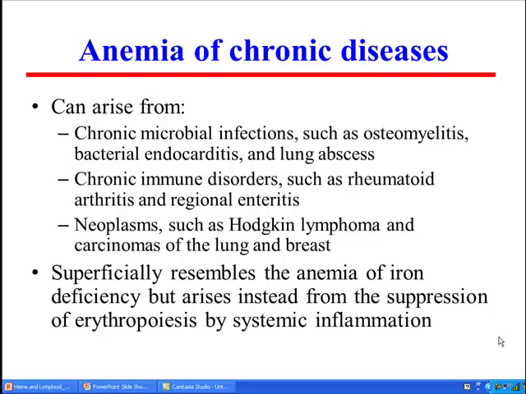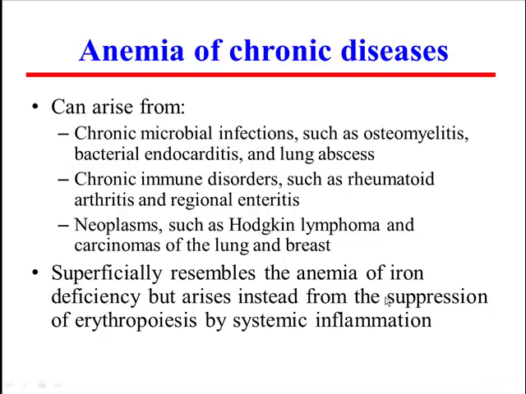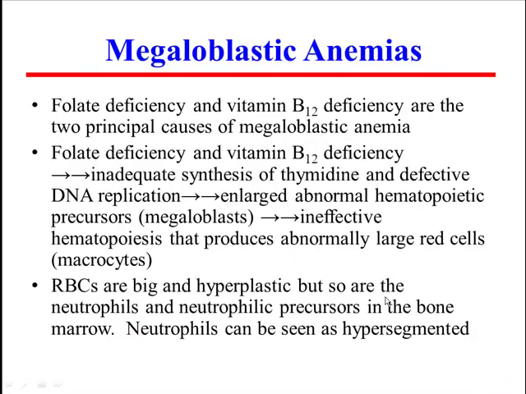Okay, when you have anemia of chronic diseases, you can give erythropoietin and iron to improve the anemia, but really the only effective treatment is to treat the underlying cause of the disease.